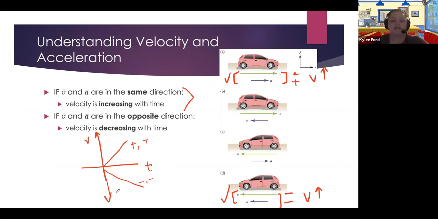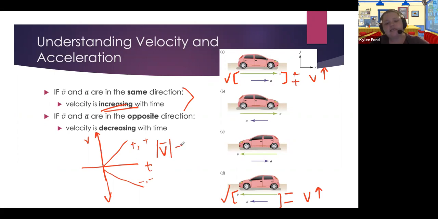But on the bottom side, the velocity is still increasing. That is because when we're saying it's increasing with time, we're saying that the magnitude of the velocity is increasing. These little bars tell me that that's the magnitude of my velocity vector.